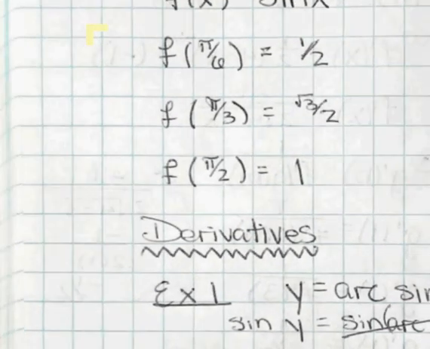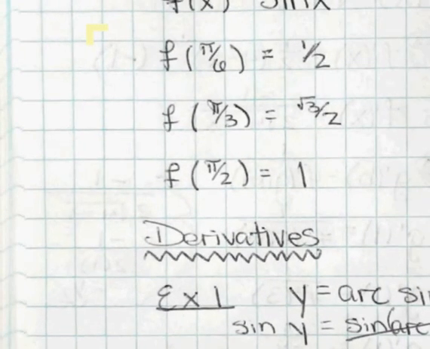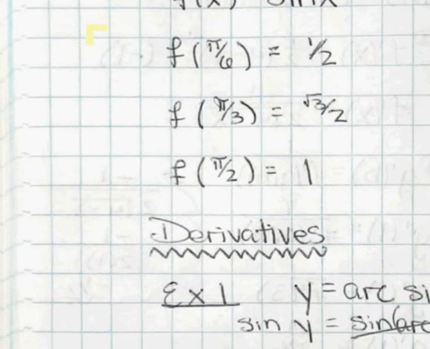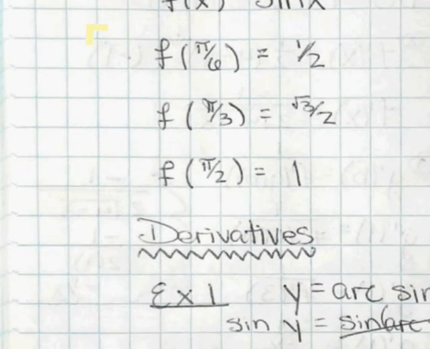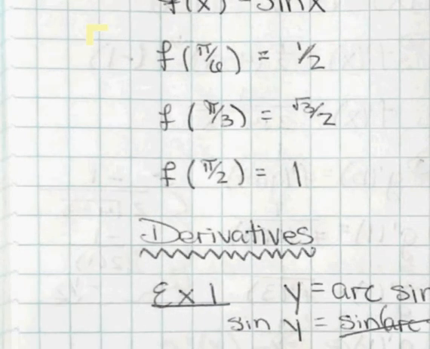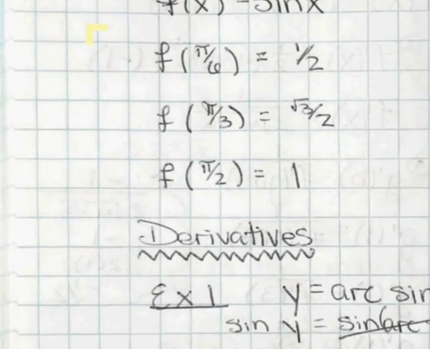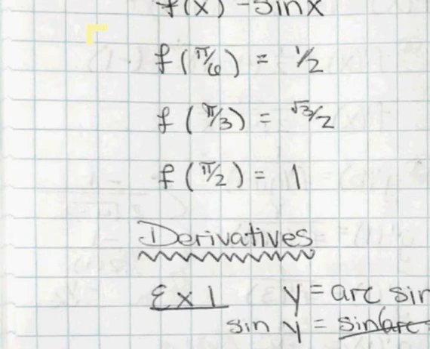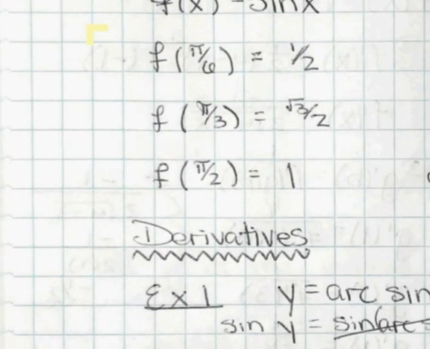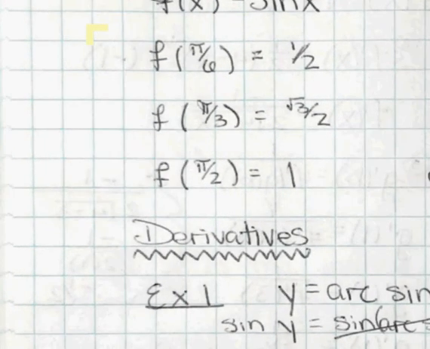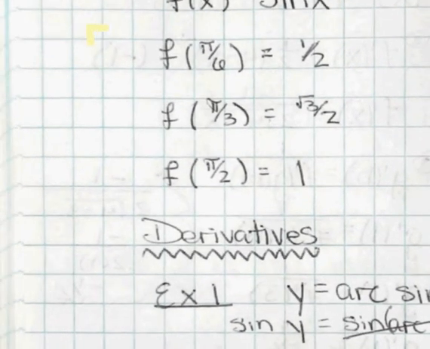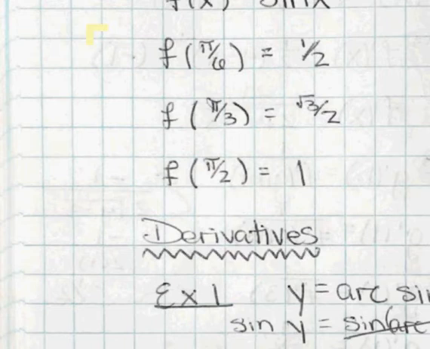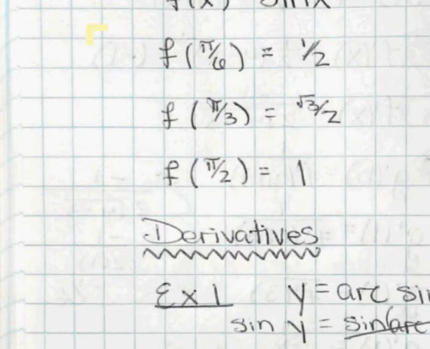And now you can go through and take a derivative using implicit differentiation, okay? So what's the derivative of sine? We're going to call this cosine y dy dx. Equals, what's the derivative of x? 1. How do I get dy dx by itself?